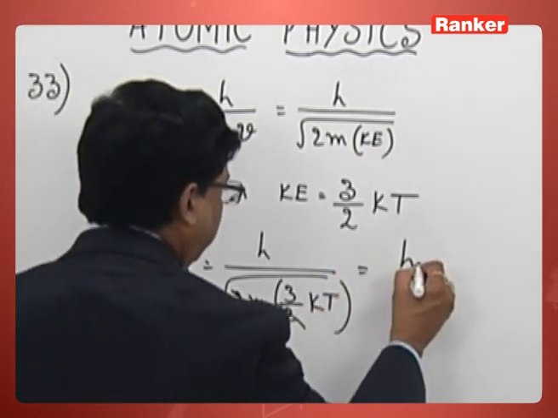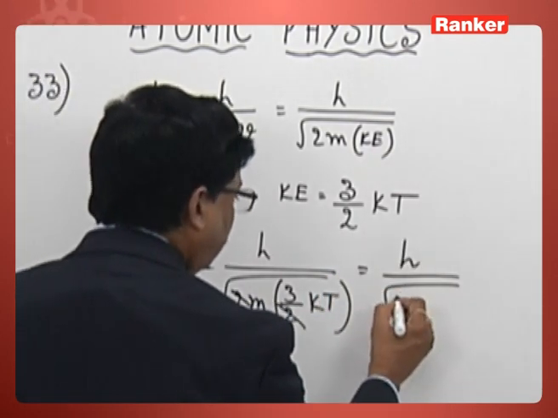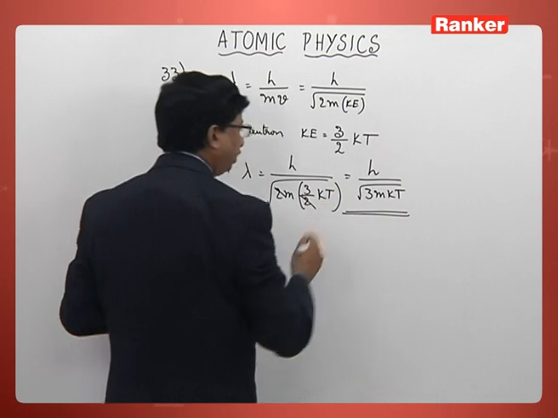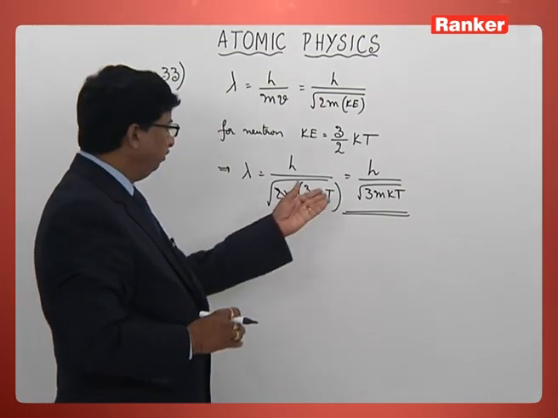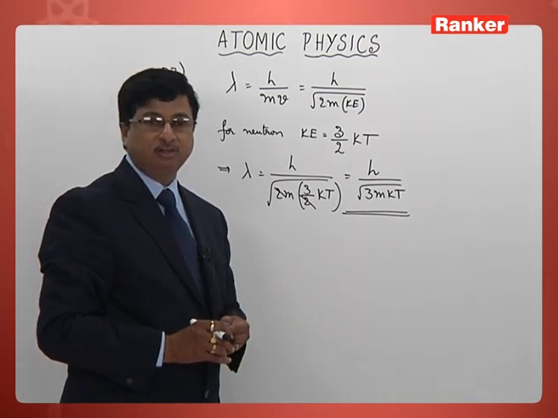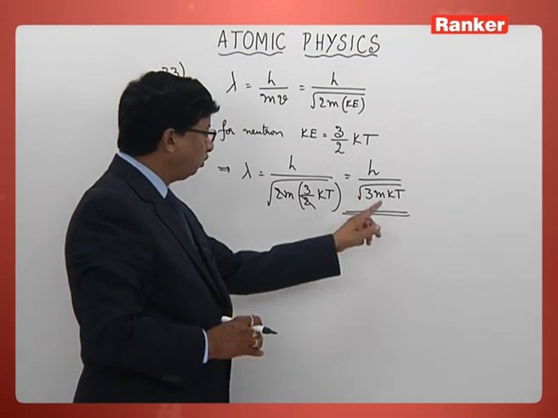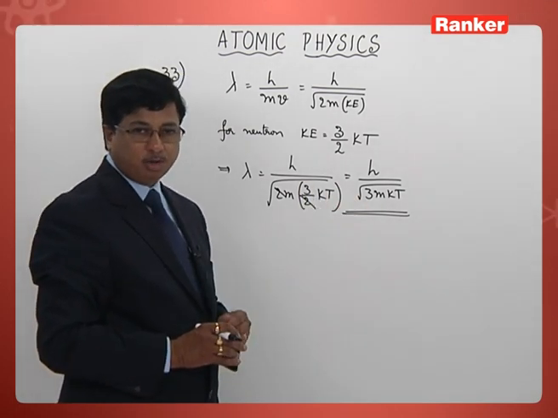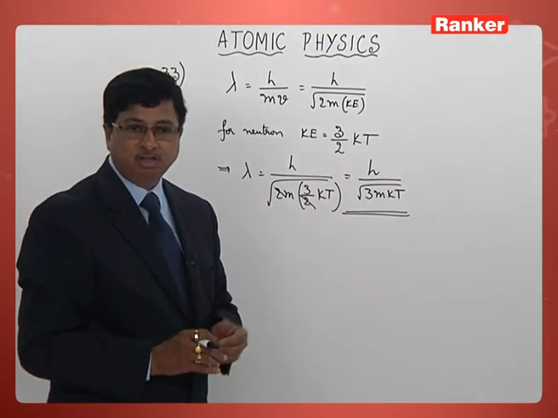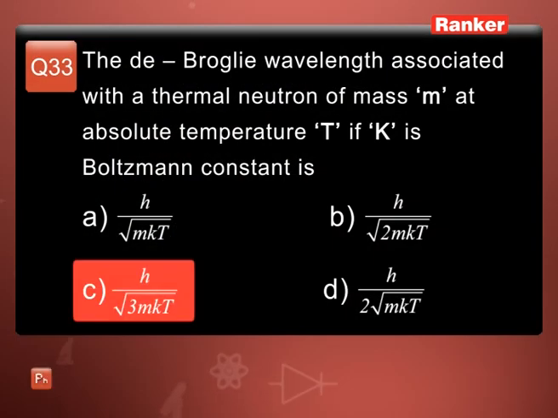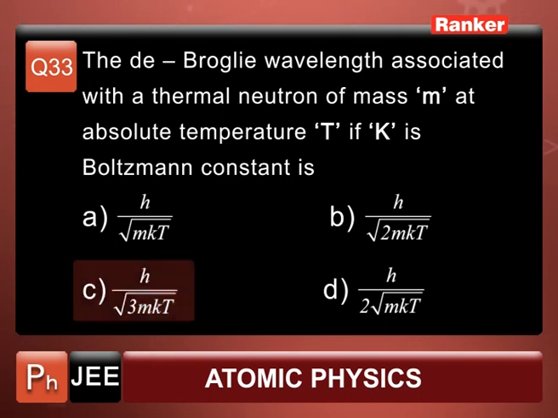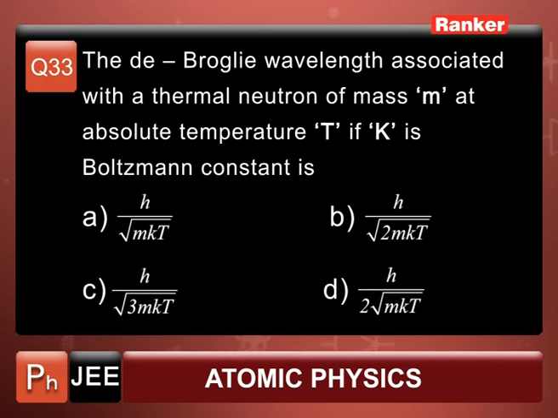What is left over? h divided by root of 3m kT. That must be the correct formula. You can even remember this formula once and for all without deriving it then and there. So h by under root 3m kT is the correct option, exactly the same as the third option given in problem number 33. Therefore, the correct answer is C for problem number 33. That is what you have to remember.